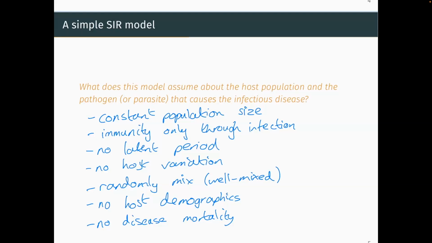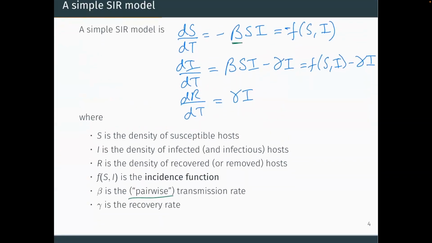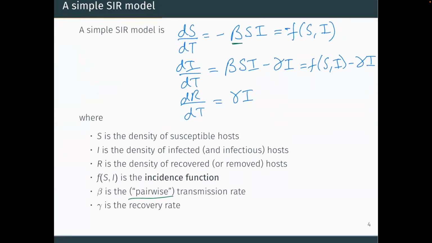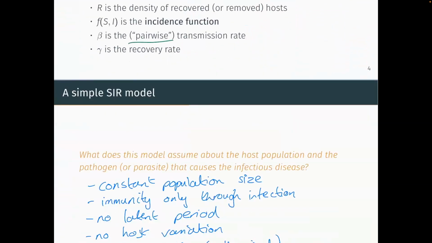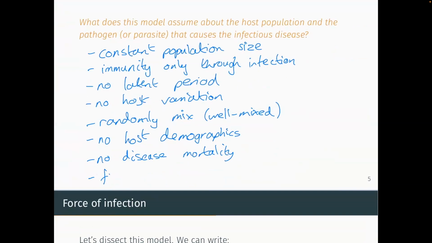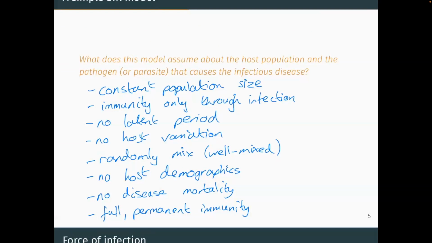And one more thing, what happens when people recover? Yep. If they don't fall back. So yeah, exactly. So we say that there's full permanent immunity. This is fairly reasonable for things, say, like measles. Once you get infected, you won't be infected again.